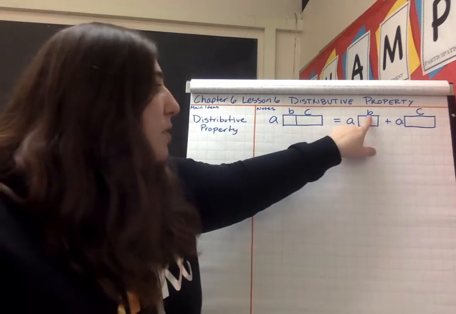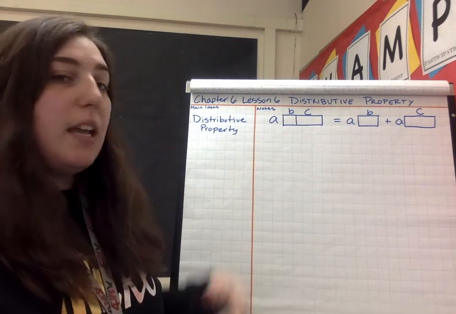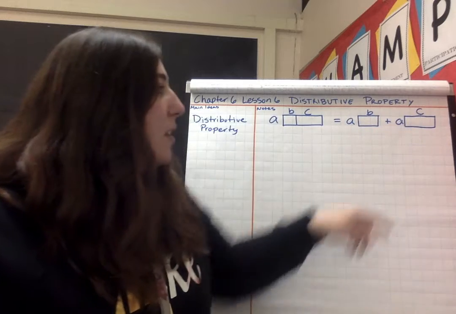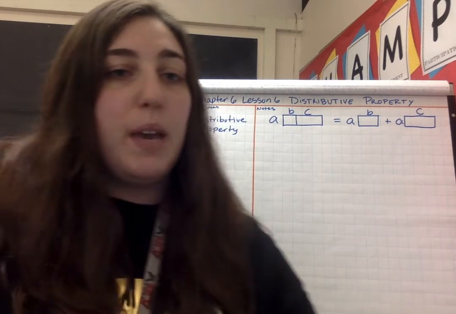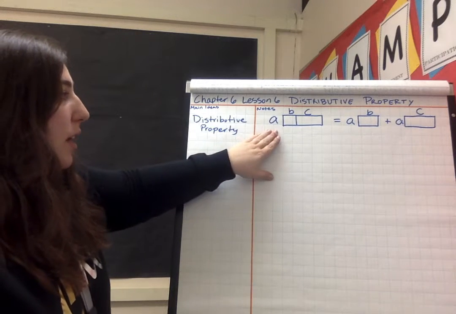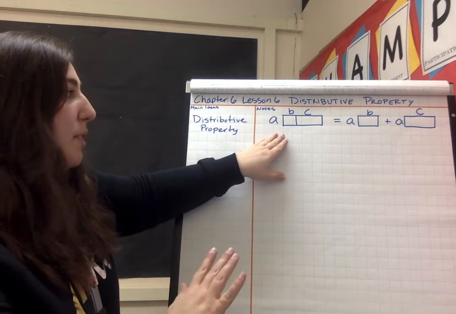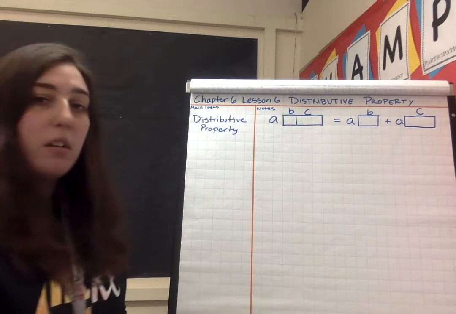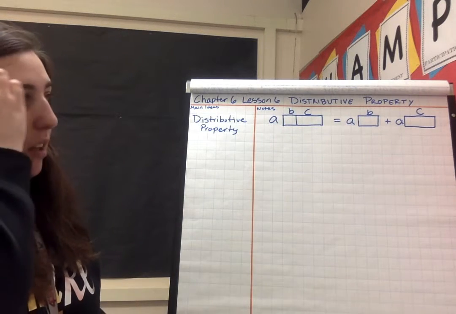So B could represent the $6 you'd pay to get into the fair, the admission, and C could represent the $22 that you paid to get into the concert. Okay? So again, we are doing the same thing that we did in the inquiry lab, but this time we use variables for everything. And that's what we're going to be seeing a little bit today.